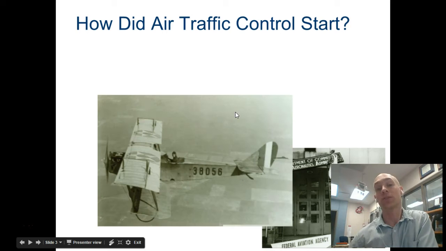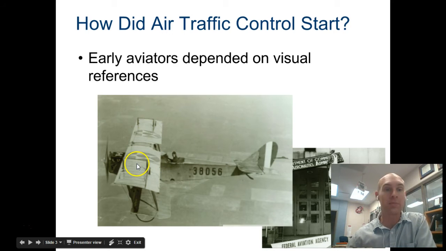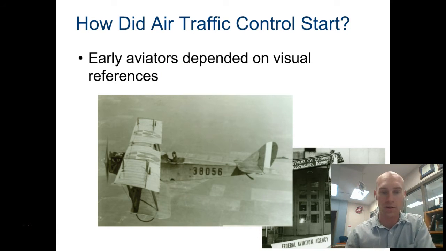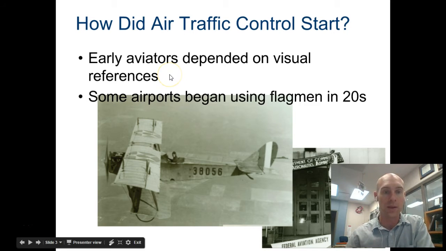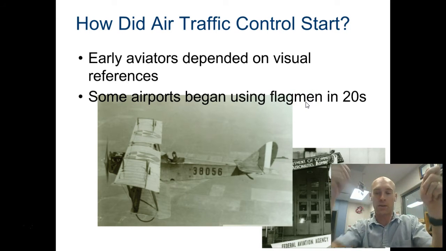How did air traffic control start? Well, it started because early aviators depended on visual references. They looked around to see where they were going to fly, and they said, I recognize that tree, so I'm going to fly over there because that's where I live. So airports began using flagmen in the 20s to say, hey, you land, you circle around, whatever it is.